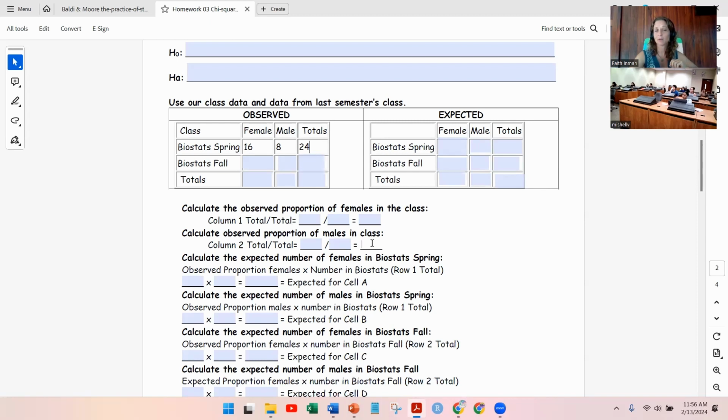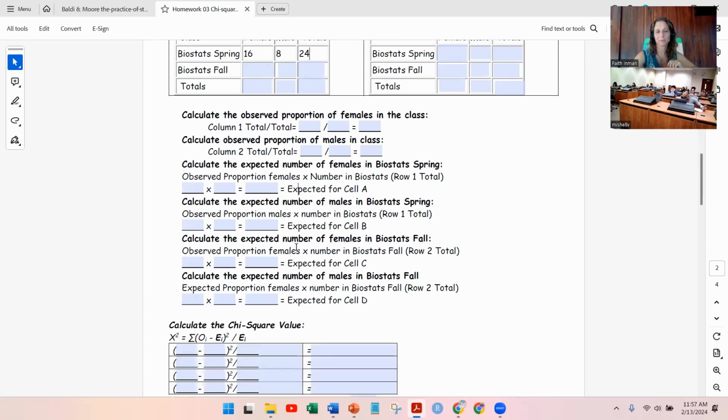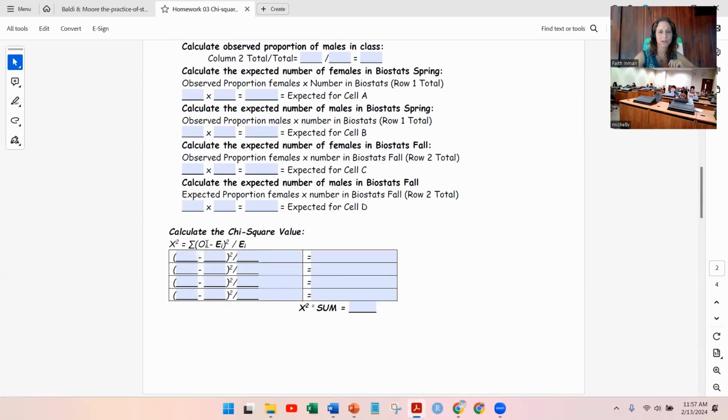That gives you your observed proportion of males. Then you take your observed proportion of females, what you calculated up here, times the number in biostats, the row one total, and that is the expected count for cell A. It walks you through, and then you put in your observed, your expected, square it, divided by expected.